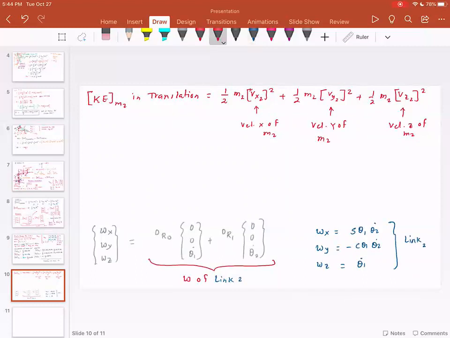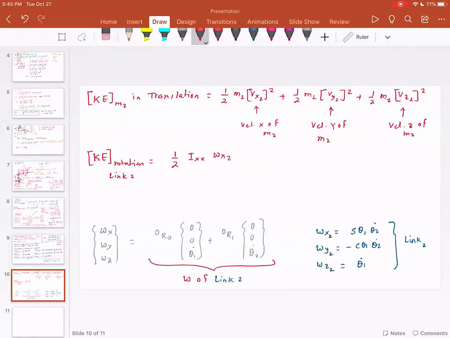So the kinetic energy in rotation for link 2 is 1/2 Ixx omega x2 square. I'm going to call these omega x2, omega y2, omega z2.